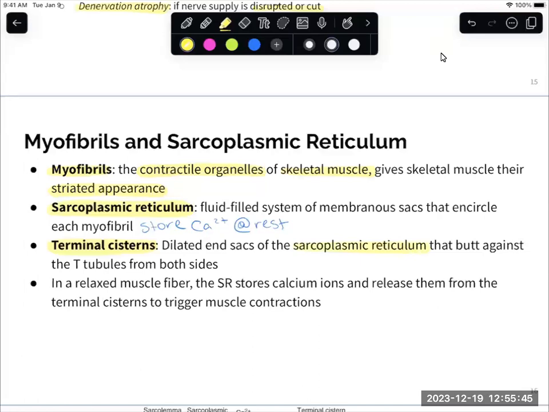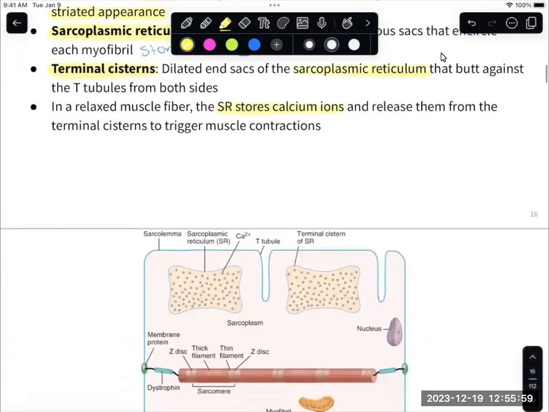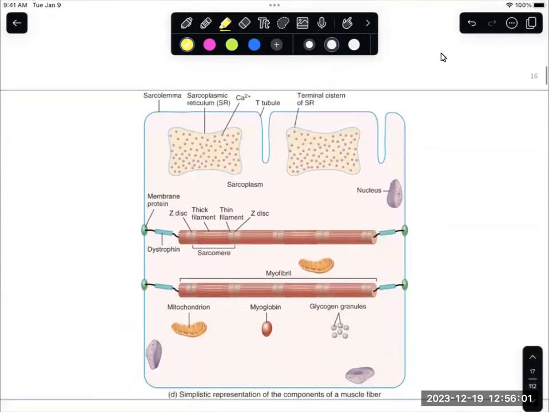The sarcoplasmic reticulum stores calcium ions when muscles are relaxed. They are released during muscle contractions, and we will see how that works. So here's the setup. We have these sarcoplasmic reticulums right here, kind of outlined in blue.